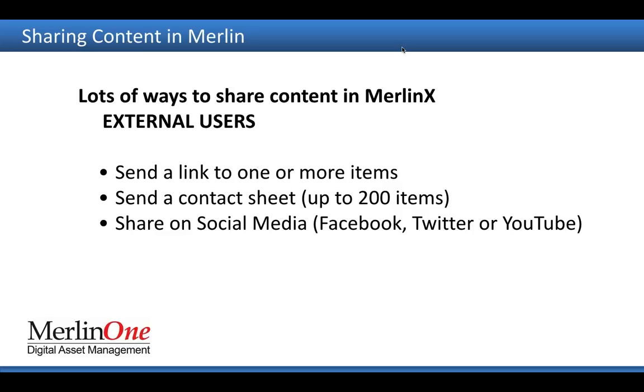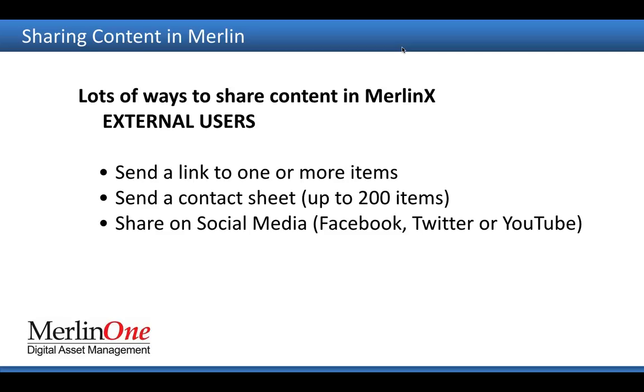You can also share content to external users. So these might be people that don't have access to Merlin directly. For customers that are using our hosted facility, no other extra work is needed because your Merlins live out on the internet behind our firewall, but they are on the internet, so you can email links to people. And so you can send a link to one or more items to external users. They will get the link in their email.